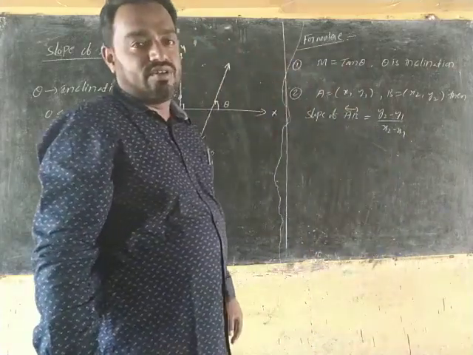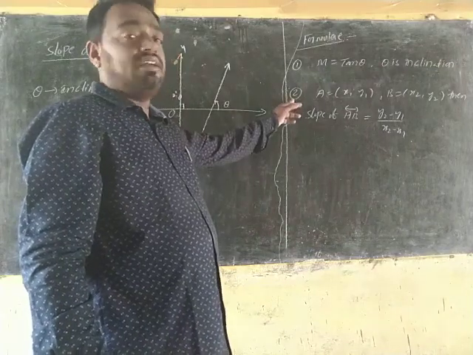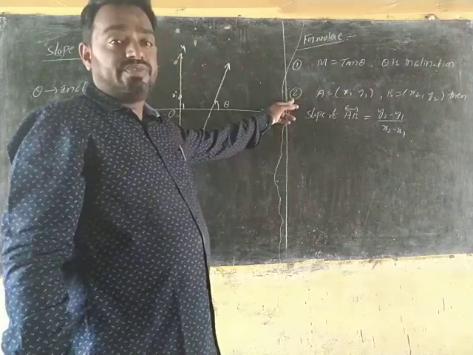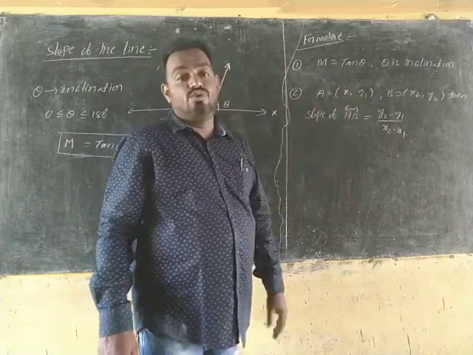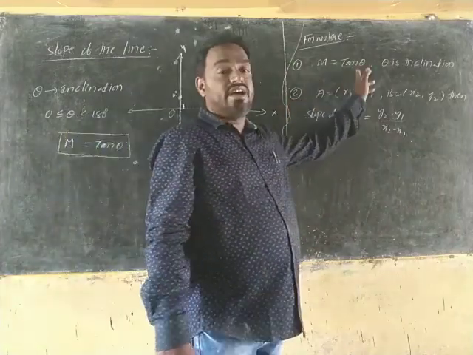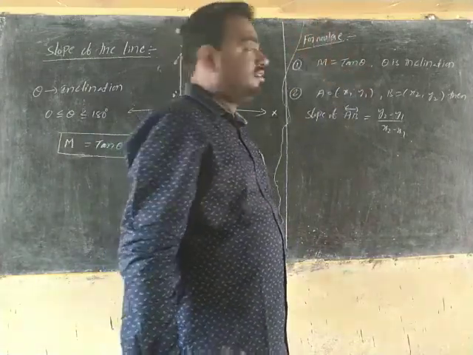That is the difference between the y coordinates by the difference between the x coordinates. This is the slope formula when the line passes through 2 points. The earlier one is the slope formula when we know the angle between the x-axis and the line.